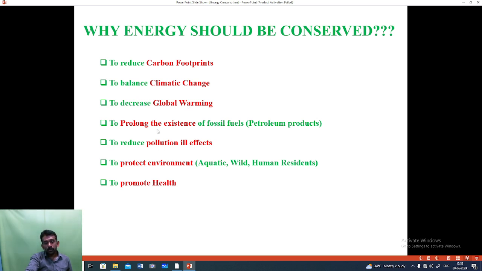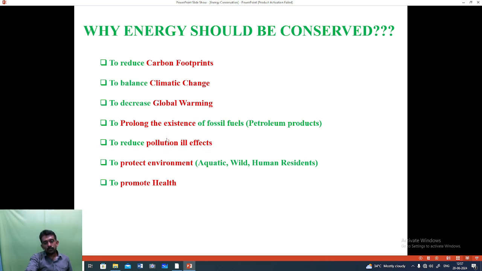Next, to prolong the existence of fossil fuels. In order to extend the life of fossil fuels, we have to conserve energy. And next is to reduce the ill effects of pollution. What are the ill effects of pollution? For example, cancer, other respiratory diseases, food poisoning, and water pollution; these are the various ill effects that arise due to pollution.